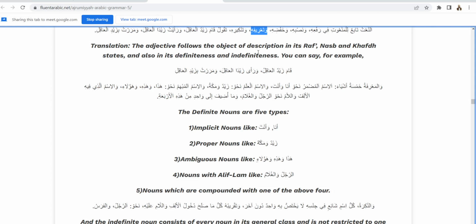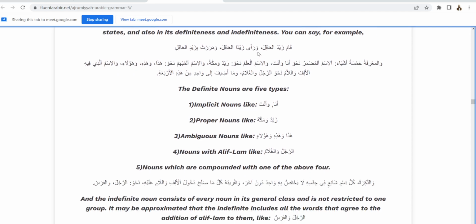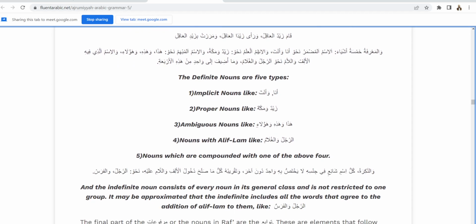Third is ambiguous nouns, nouns that we do not know, like hada, he and she and they. And number four, nouns with alif and lam, which is very clear that it is a noun: al-rajulu, al-ghulamu. Number five, nouns which are compounded with one of the above four. If it's been compounded, then it's also a defined noun.